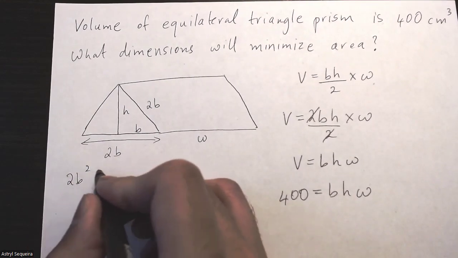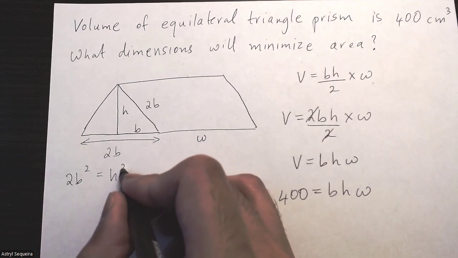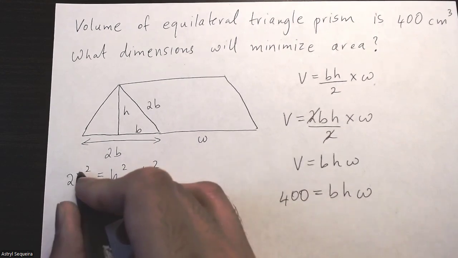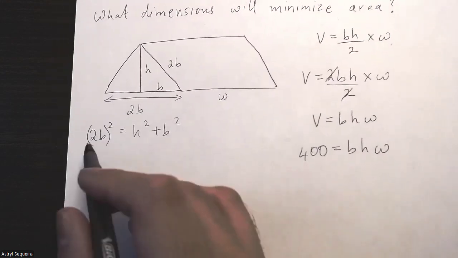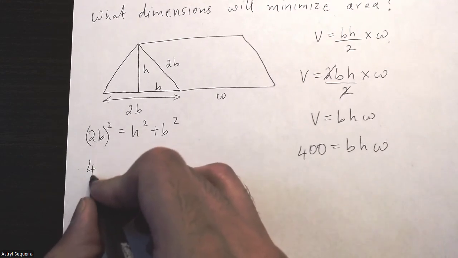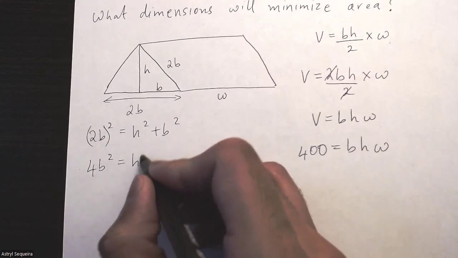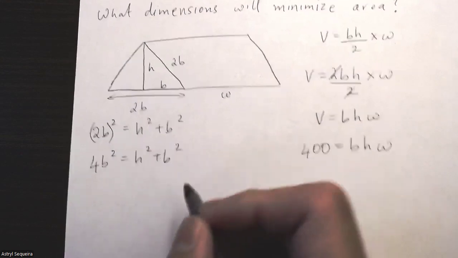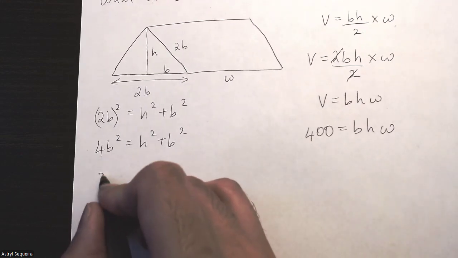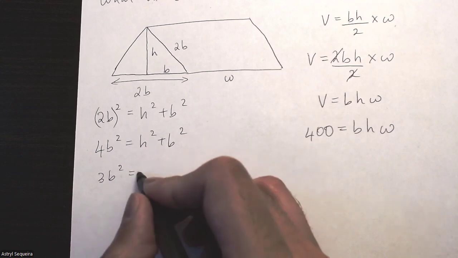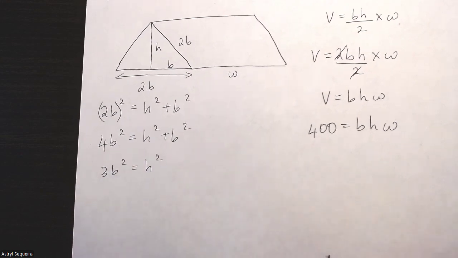So I have (2b) squared equals h squared plus b squared. And then (2b) squared just simplifies to 4b squared equals h squared plus b squared. And I can move this and combine it on this side. So 3b squared equals h squared.